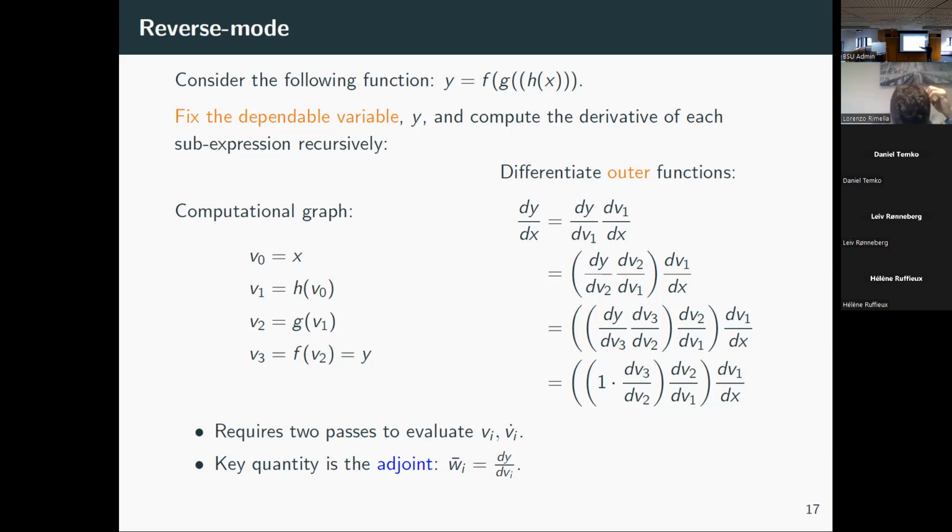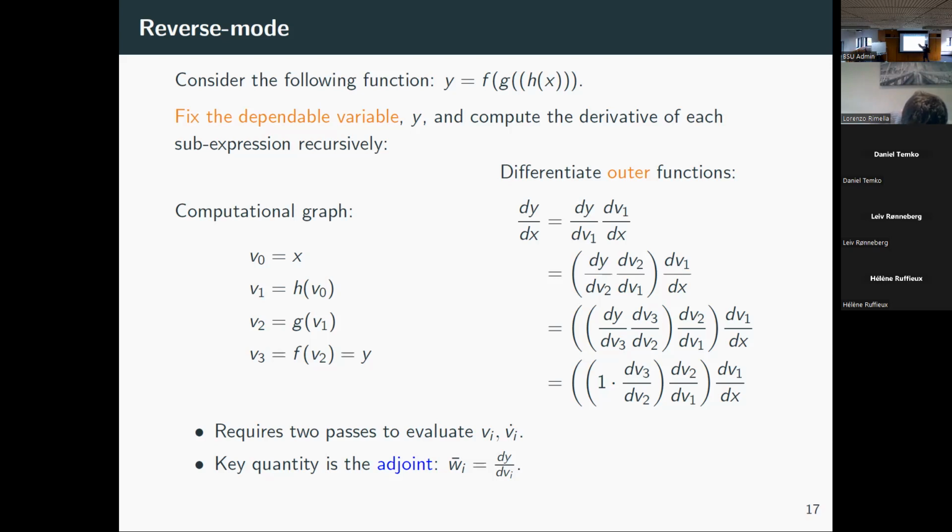So here you seed with 1 on the output, and then you propagate to your input. That's why it is called reverse mode. And because we are seeding from the output and moving from output to input, the important thing to note is that you need 2 passes.